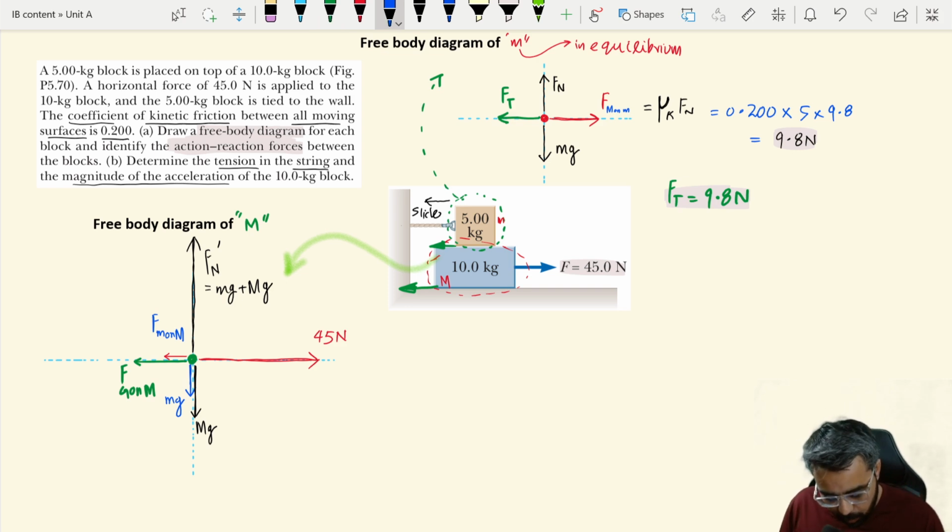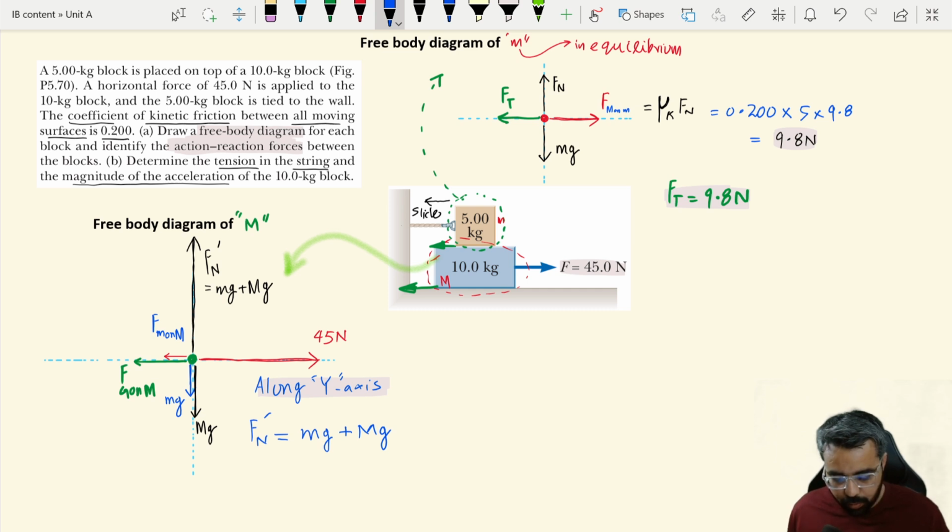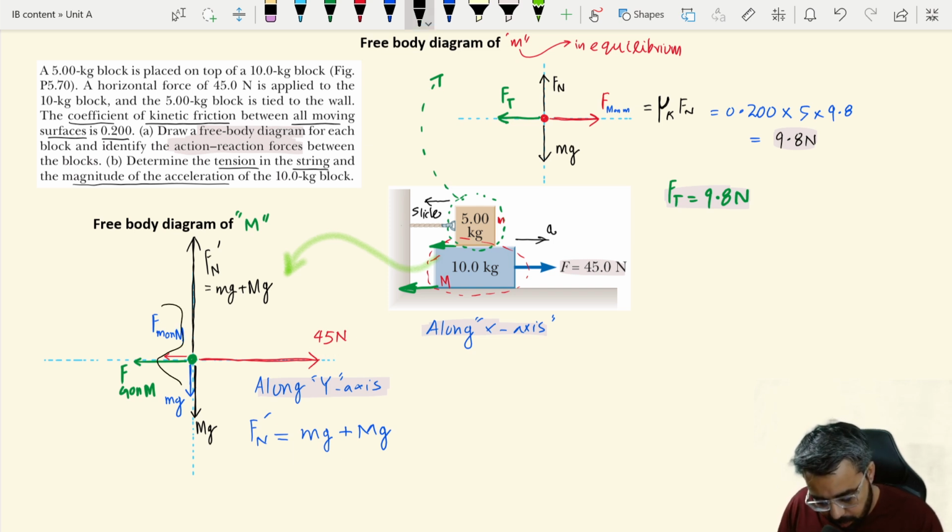So if you see along the y-axis, we see the three forces are balancing each other. So we can write an equation that the normal force Fn prime is equal to mg plus capital Mg. What about the forces along the x-axis? This 10 kg block is accelerating in this direction, which means that the 45 Newton force must be greater than the sum of these two frictional forces.